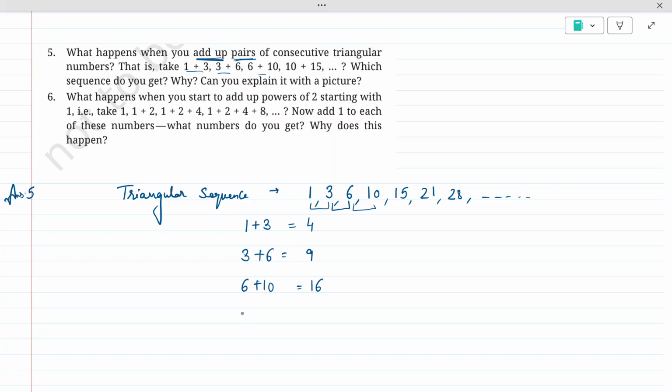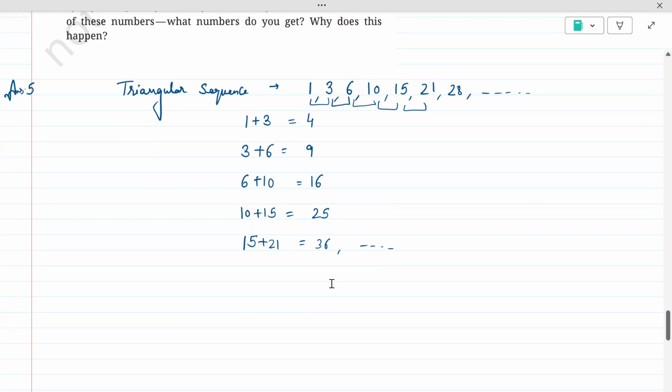Next is 10 plus 15, which will give me 25. Then we have 15 plus 21. 15 plus 21 will give me 36 and so on. Okay, so when we have added up the pairs of the triangular sequence, we have received these numbers.